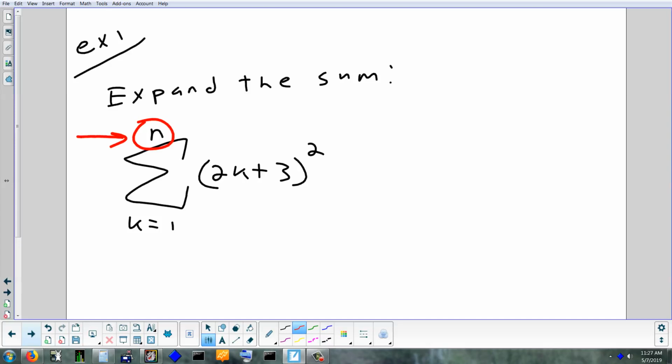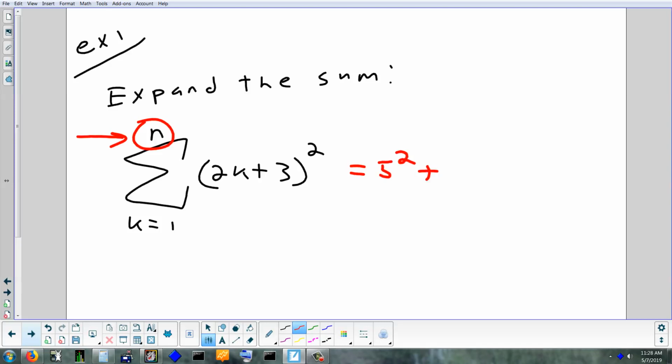Okay. So, let's expand this out. Kathleen, if I plug in 1 for k, what do I get just in the parentheses? 5. I'm just going to leave it like this. 5 squared. I mean, you can write 25 if you want. That's fine.